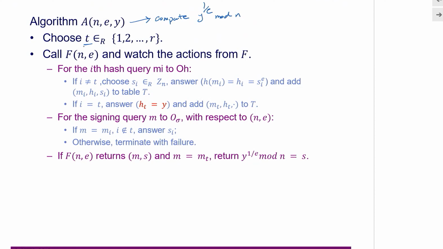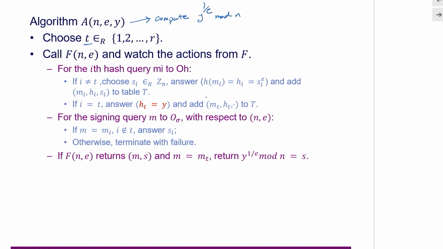So he chooses an index T from 1 to R, and then after he chose this one, he calls the forger with input N and E, and watches what actions F takes or what F asks for.